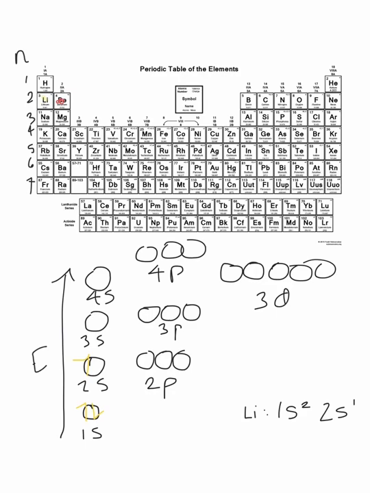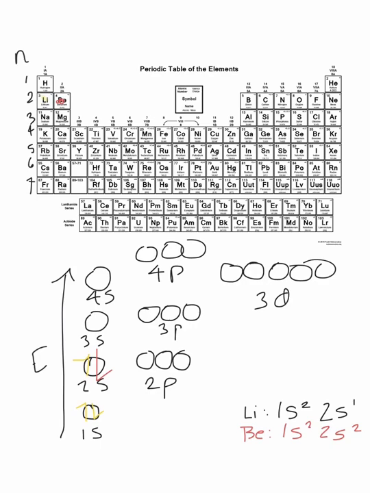In this case, there would be less of an energetic cost to pair the electron in the 2s orbital, so we are going to pair that electron in 2s. And so, if we were to look at the electron configuration for beryllium, we would get 1s2, 2s2.